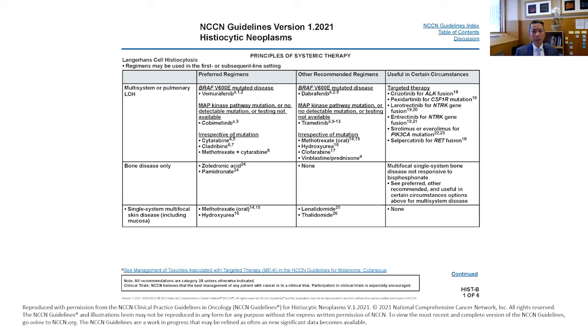The targeted agents have the advantage of a very, very high response rate, but the disadvantage is that typically we have to keep them on the treatment for long periods of time, as relapses do occur in most patients, at least in the ECD experience, once the targeted agent is discontinued.